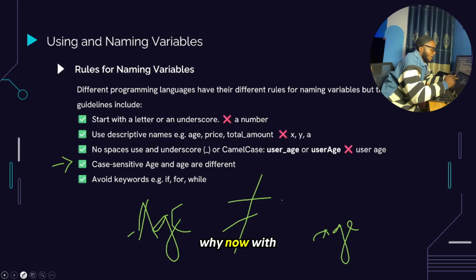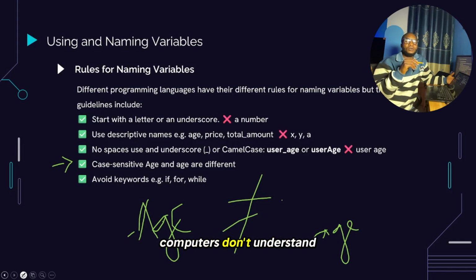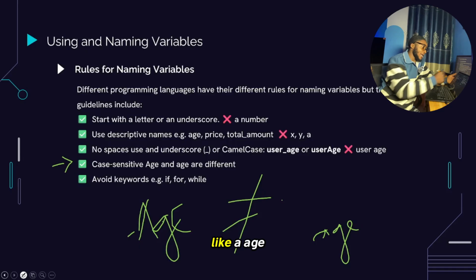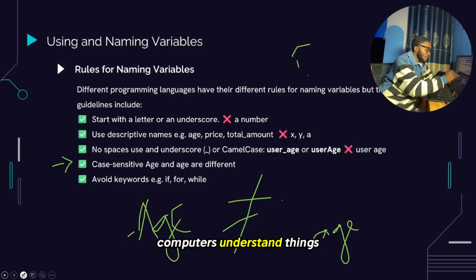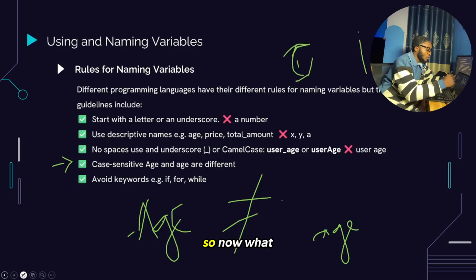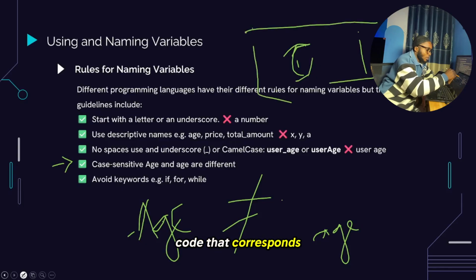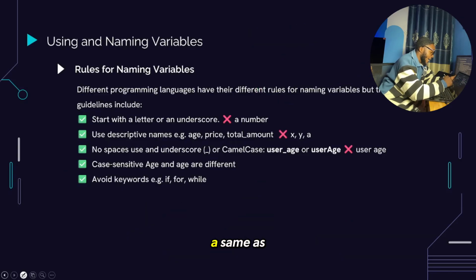Why? Remember I said computers don't understand high-level languages like ours. To humans, computers understand things like zeros and ones only. That's machine code. So things like the letter a have a code that corresponds to it. When the computer receives that code, it will be like, oh, this is a. Same as capital letters. The majority of computers use ASCII coding to represent these things.